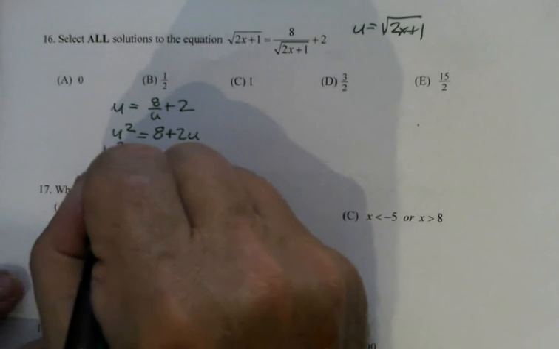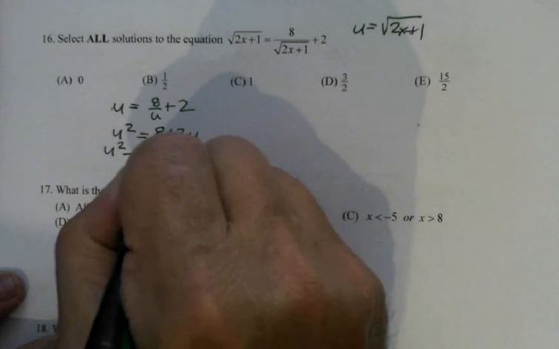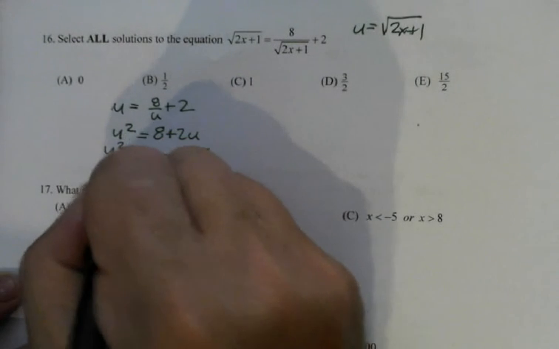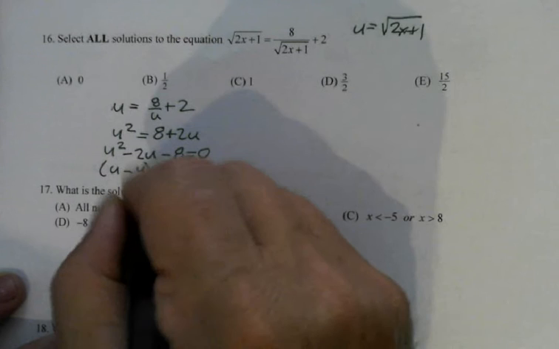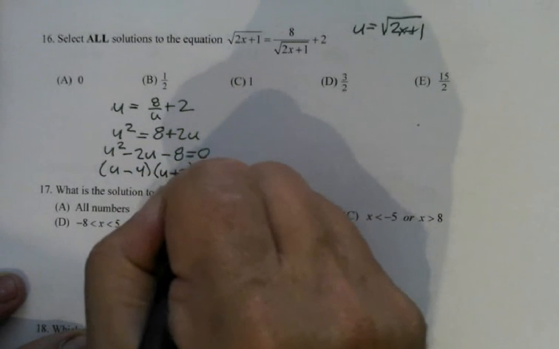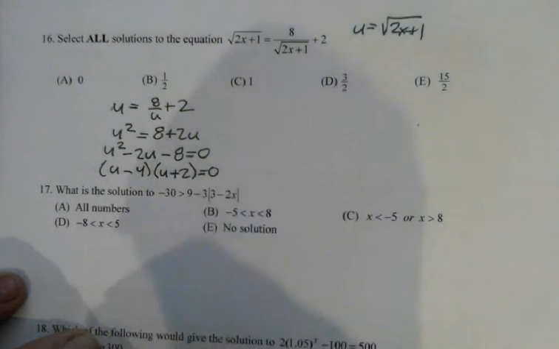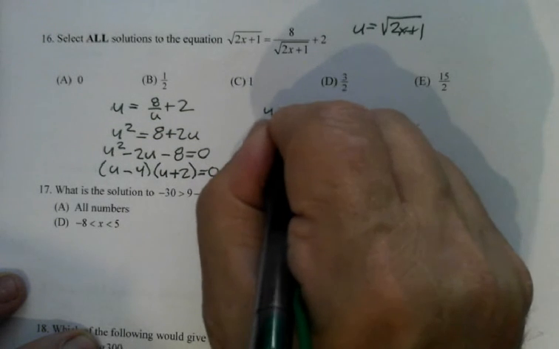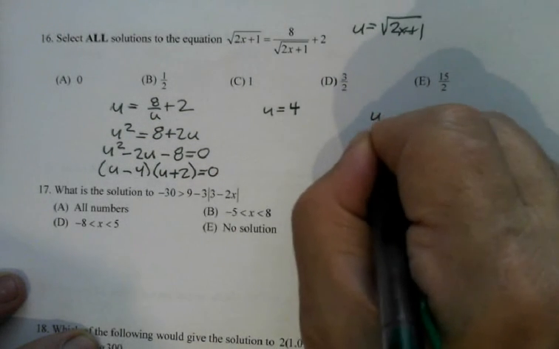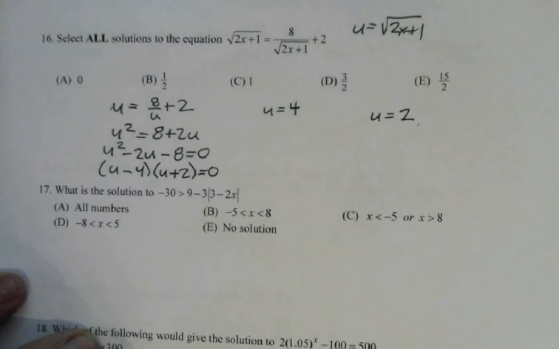So u squared minus 2u minus 8 equals 0. This is u minus 4 and u plus 2. So either u equals positive 4 or u equals negative 2.